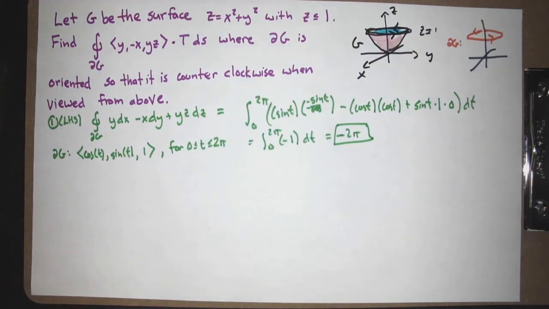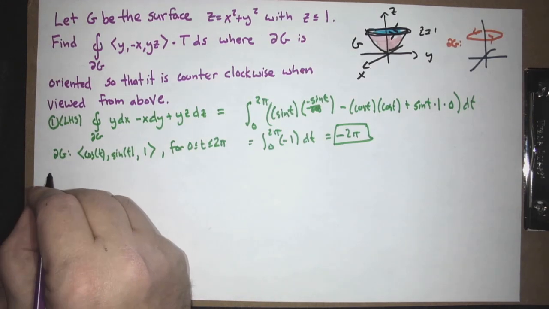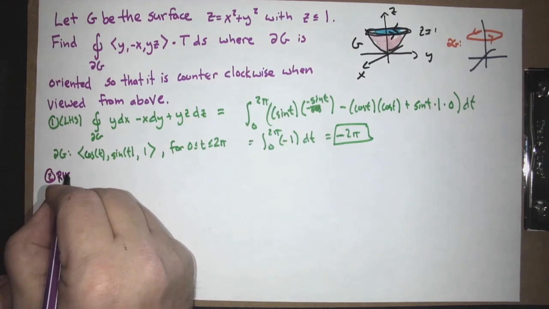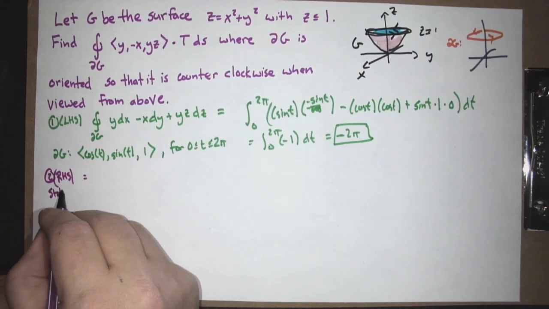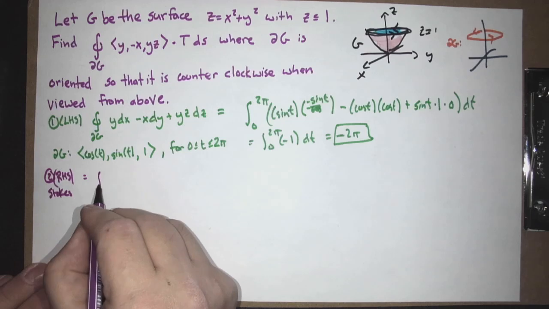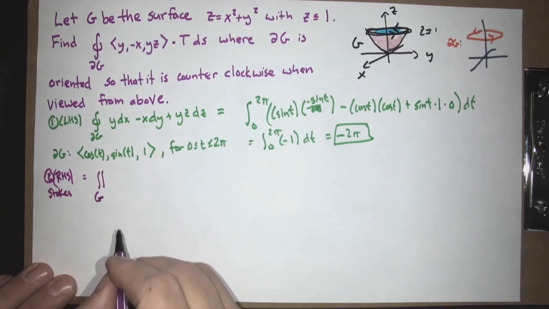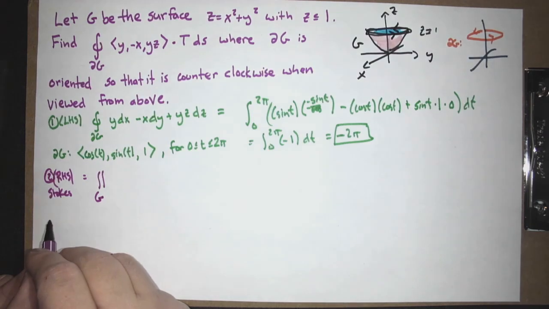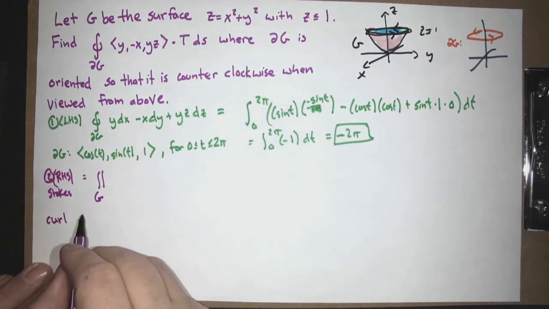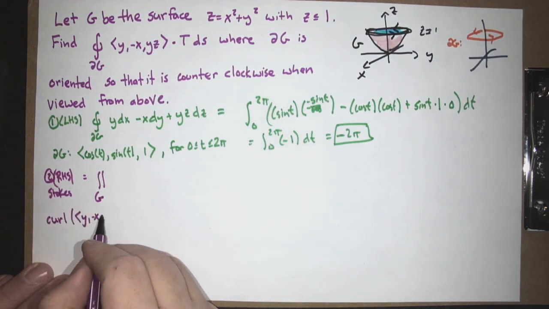We still have plenty of space, but we still have other things to compute. All right, what's next? The right-hand side. By Stokes, this becomes the integral over our surface G of the curl. Well, we better compute the curl, so we're going to do that really quickly. The curl of (y minus x, yz).